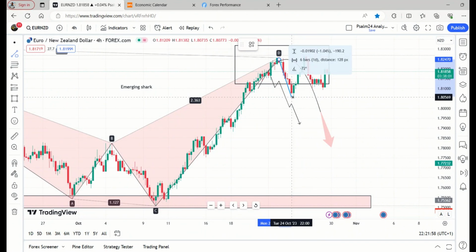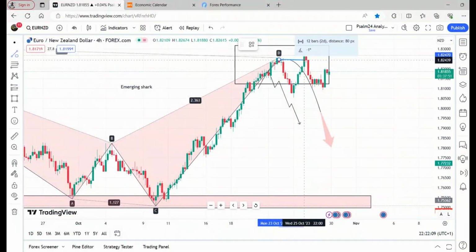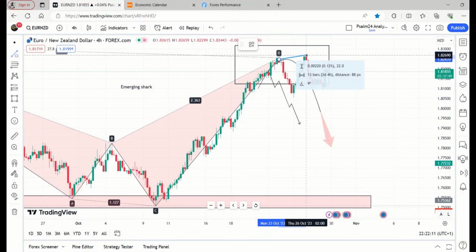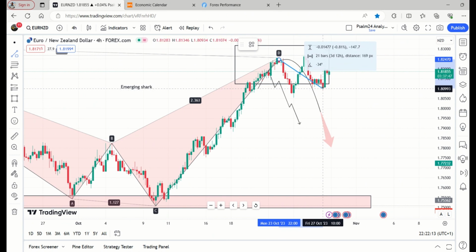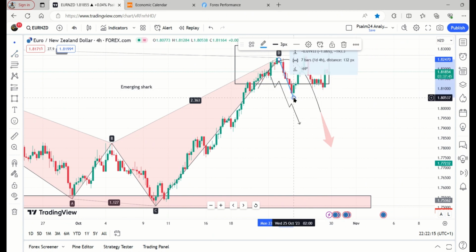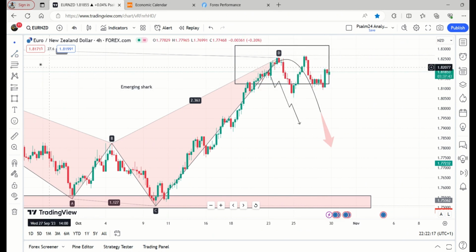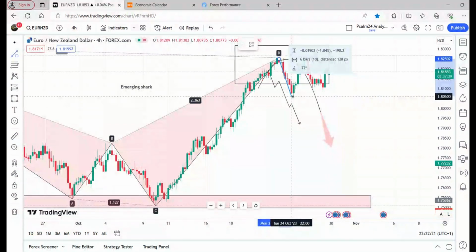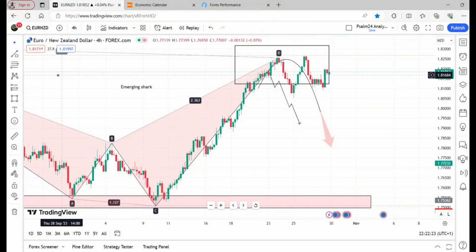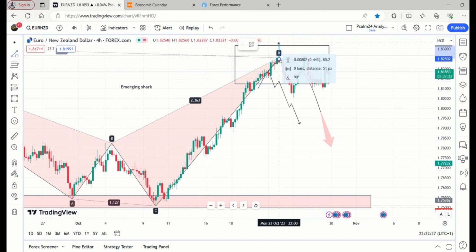It dropped by 191 pips, and then the market reversed again and then still dropped. So anyone who had taken this trade would have taken 191 pips, and then you would have been taking partials with 60 pips or 50 pips stop loss.